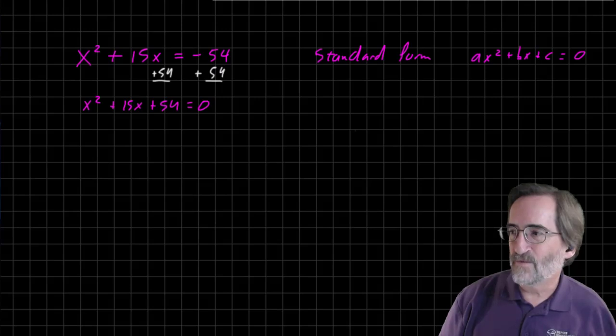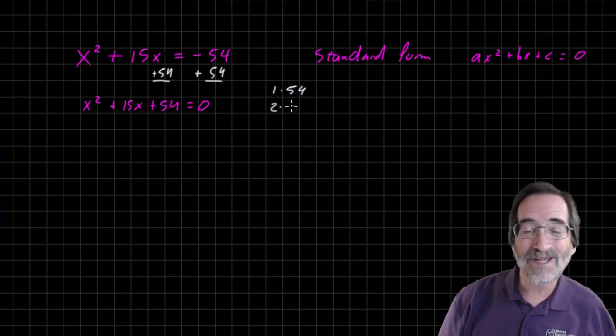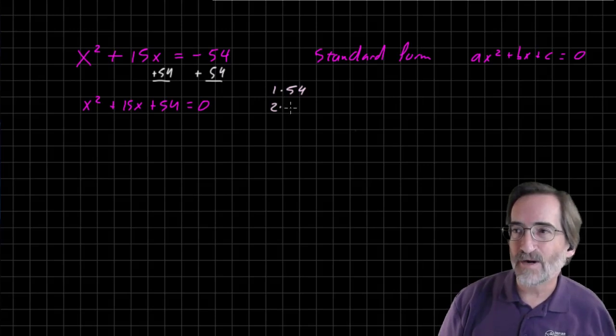So think of things that multiply to make 54. I always start with 1 to make sure I don't miss any. 1 times 54. 2 times, you can use a calculator to divide 54 by 2. You get 27, so 2 times 27.